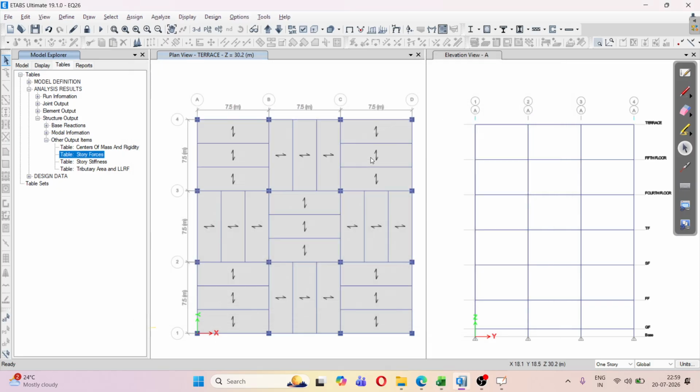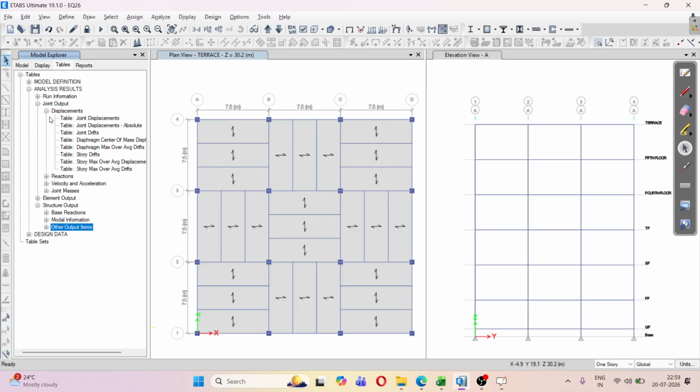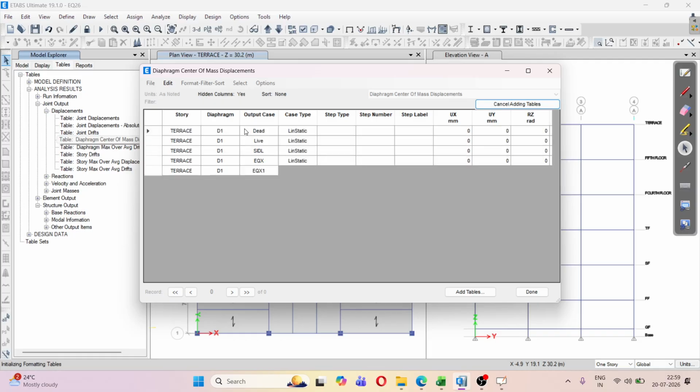Then we will require story drift. Before that, we will see the displacements. Here, joint output, displacement, diaphragm center of mass displacement.